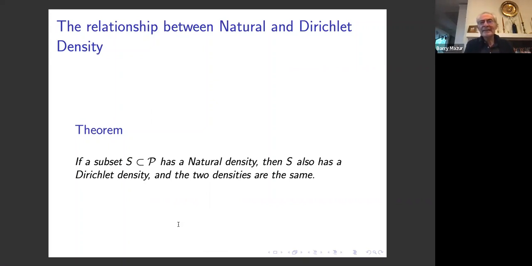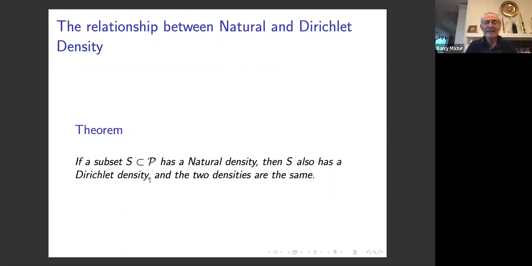Dirichlet density and natural density are two ways of measuring the density of subsets of primes. Happily, we have this theorem that if a subset has a natural density, then it also has a Dirichlet density, and the two densities are the same. Now, what does that give you?